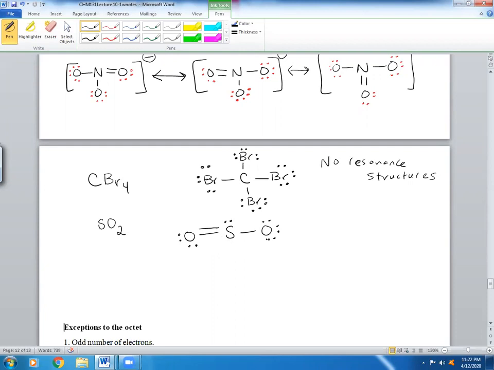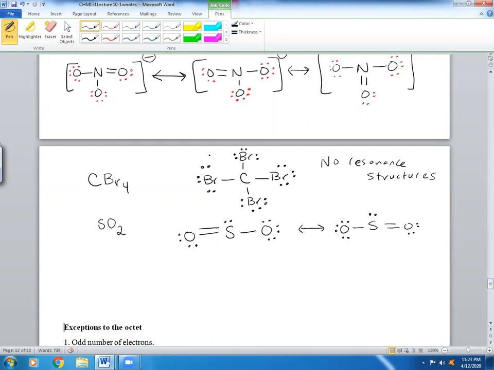So can I draw another resonance structure? Yes, you can switch, you put the double bond now there. So correct. So you do have resonance structures. You have 2 of them.